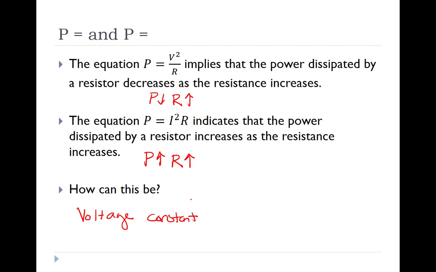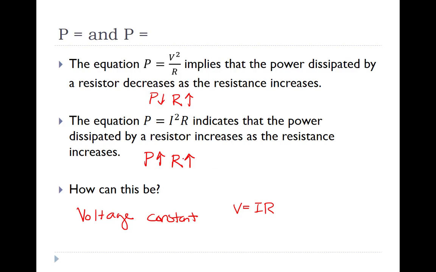If voltage is constant, then certainly if I change the resistance, the power will change. Changing the resistance also changes the current by V equals IR. So with V equals IR, if the resistance increases, then the current has to decrease in order to keep the voltage the same.